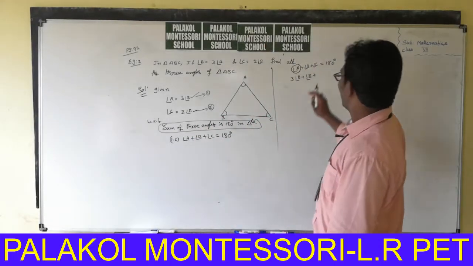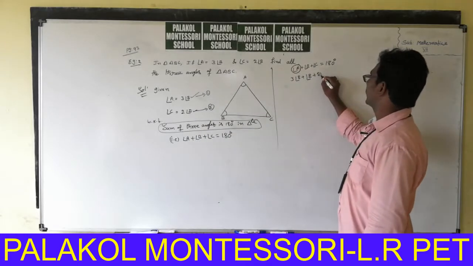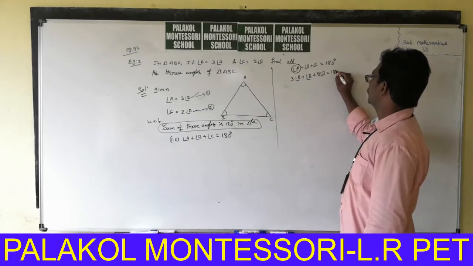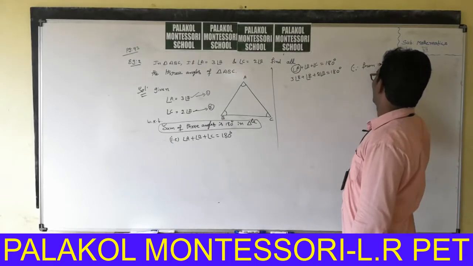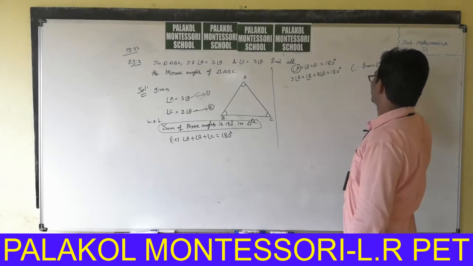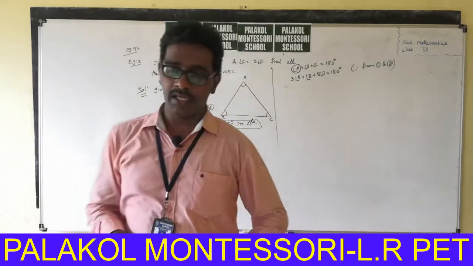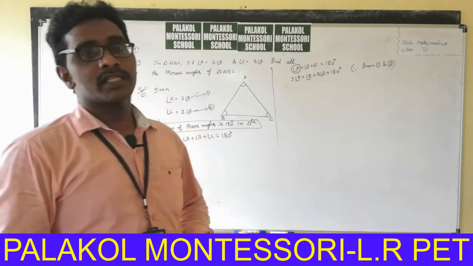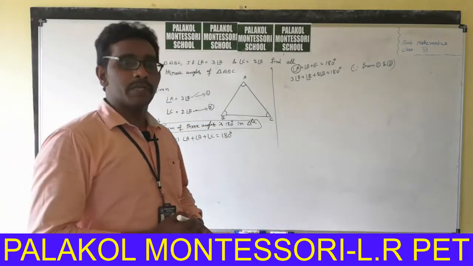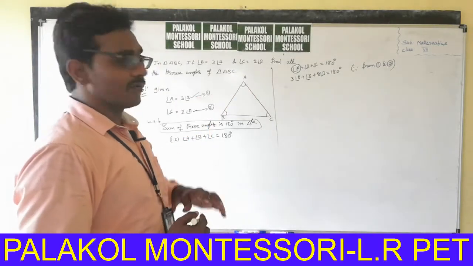Next, angle C value is given as 2 angle B, is equal to 180 degrees. Since from equations 1 and 2, angle A is equal to 3 angle B, angle C is equal to 2 angle B. Guys, it forms one equation.